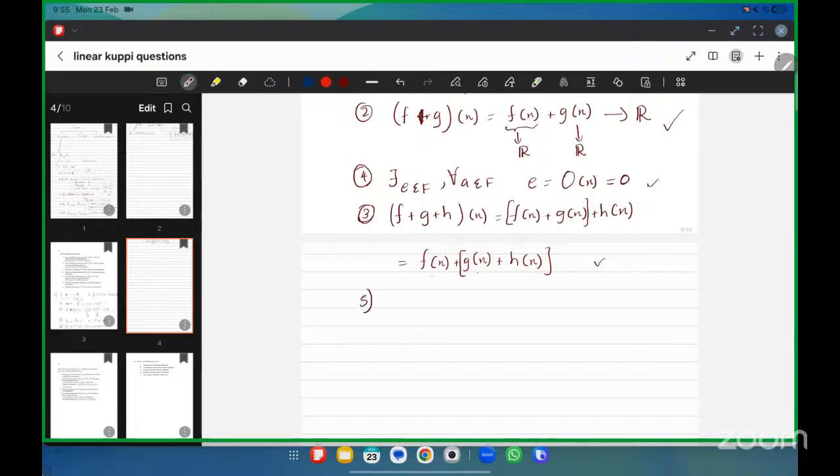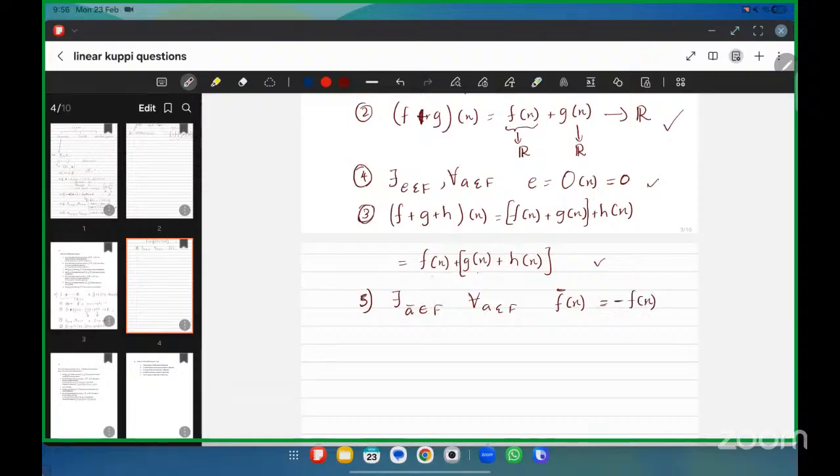The fifth condition for the group is there should be an inverse. So there exists an inverse in the set F for all elements in F. Here f dash x is equal to minus f(x).